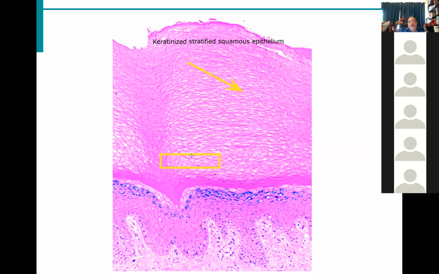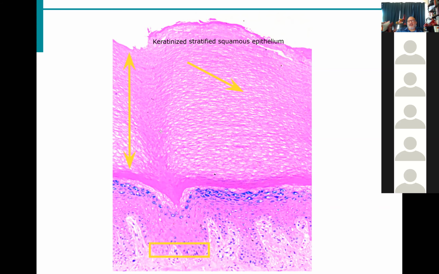Again, when we look way down here at the bottom, we see densely packed cells with nuclei coming up. But notice now we see a massive layer of cells that are all dead. Notice all of these, not a nucleus to be seen anywhere.